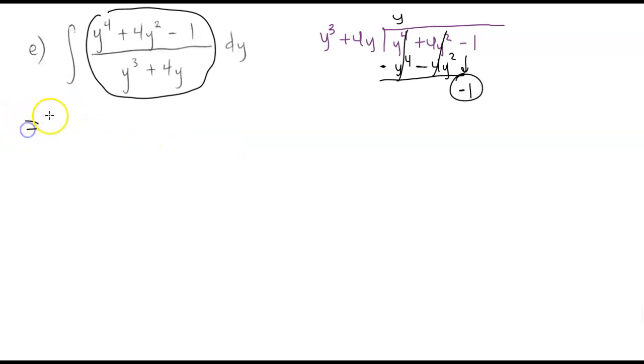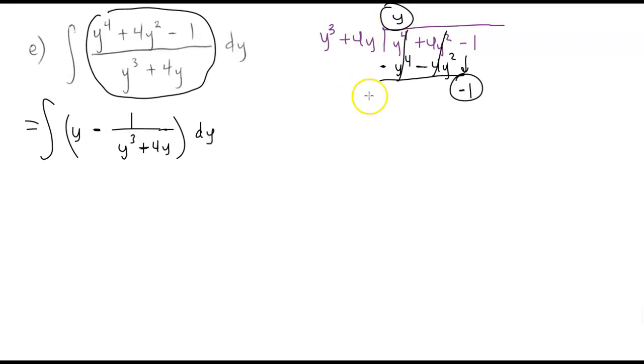So I'm just going to say equals. So now we take our quotient, which is y, minus, and then we're going to, of course, have the 1 over y cubed plus 4y. So that is how our integrand can be rewritten.